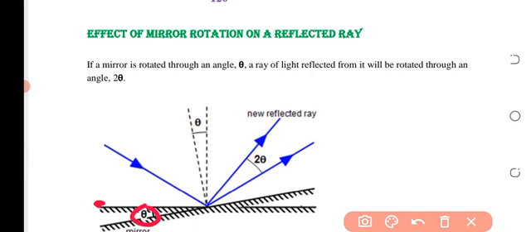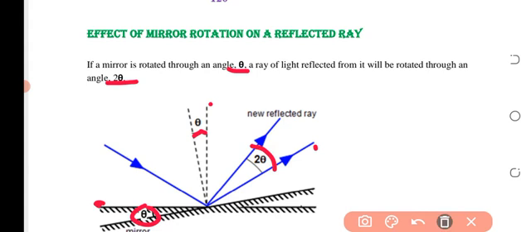Definitely, when the mirror is rotated like this, the original position of the normal will be rotated by theta as well, and it is observed that the reflected ray will be rotated by an angle of 2 theta, though that is not proven in this video, but we need to just use the law in solving the problem. But take note of this, that when a mirror is rotated through an angle of theta, a ray of light reflected from this same mirror will be rotated through an angle of 2 theta.